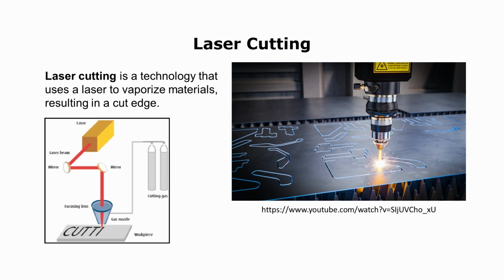The principle is basically that the laser beam is reflected by a mirror and goes through a gas nozzle and a focusing lens and completely vaporizes the material. It has a set of cutting gases, and the workpiece or the base material is at the bottom as in the figure on the right, and it is cutting out high precision components out of it, right.